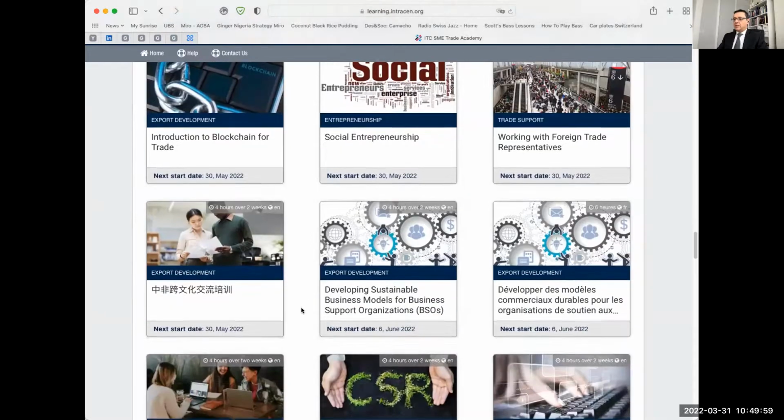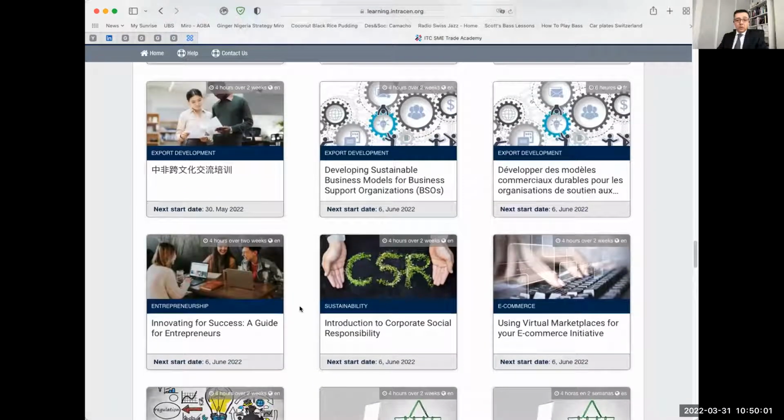The key thing is, should you want to have a specific cohort, in other words, as Rafael has mentioned, you've got a group of companies that definitely want to learn about a topic. For example, like we are doing at this point, my cohort, we want to learn about CSR because I'm involved, I told you yesterday, in a project in Nigeria on ginger, and CSR issues in the Nigerian ginger sector are a big thing because of all these things with child labor, and there's many concerns.